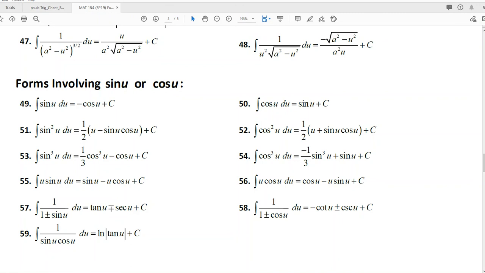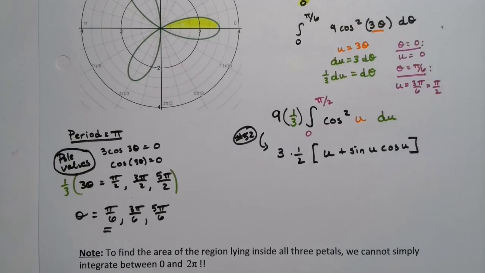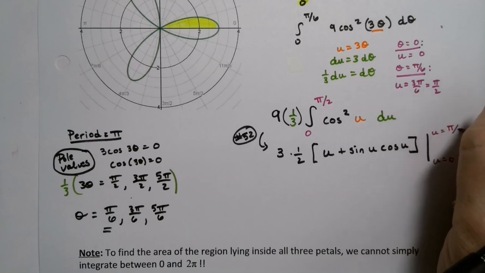And then this will be 1/2 times u plus sine u cosine u. So it's right there. And of course, sorry, I had to pull up my cheat sheet. I'm taking that from u equals 0 to u equals pi over 2 because I'm integrating with respect to u.